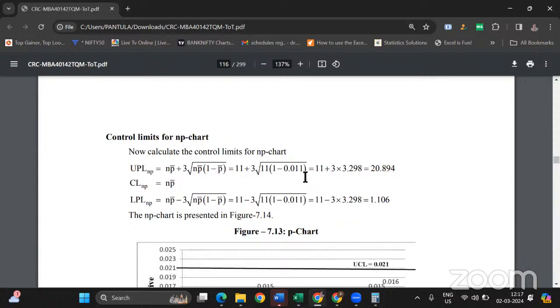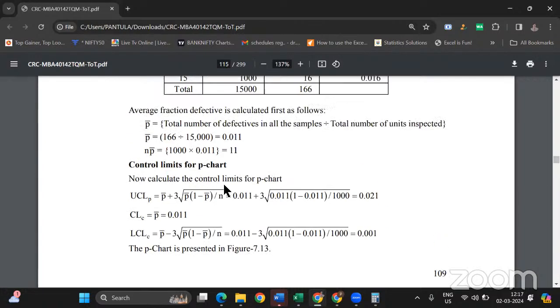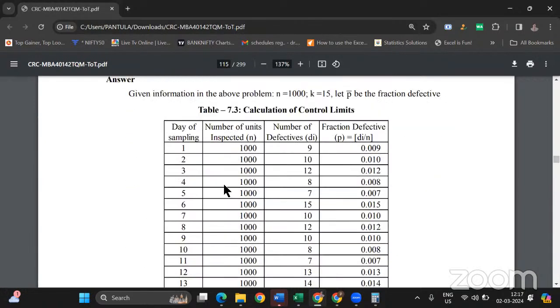Now the NP chart. For the NP chart, you know NP bar is n times P bar. The n value is 1000.